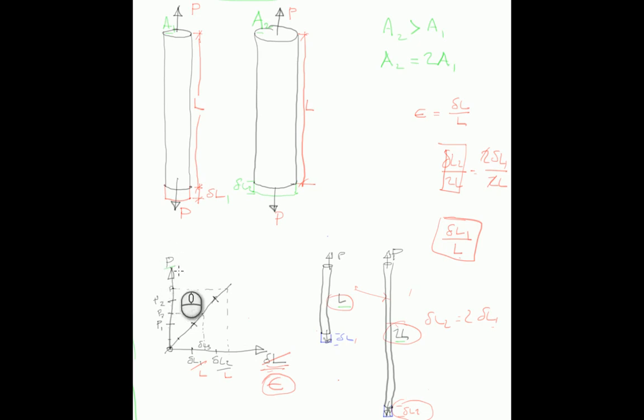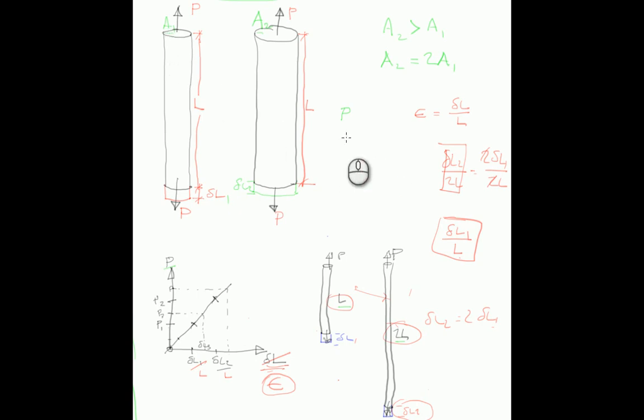Okay, so if we now consider this force, which is what we've measured on this axis here and what we've changed in order to give us changes in the change in length, we now need to factor into the equation the situation with regard to the area.